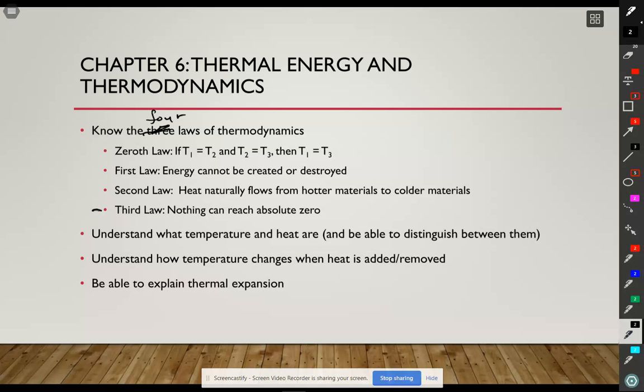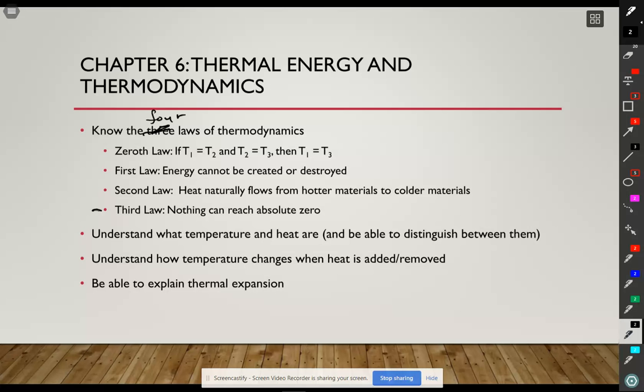When you add heat to something, if you add energy, what happens to the molecules typically? They go faster. If they go faster, what does that mean in terms of temperature? Increases.